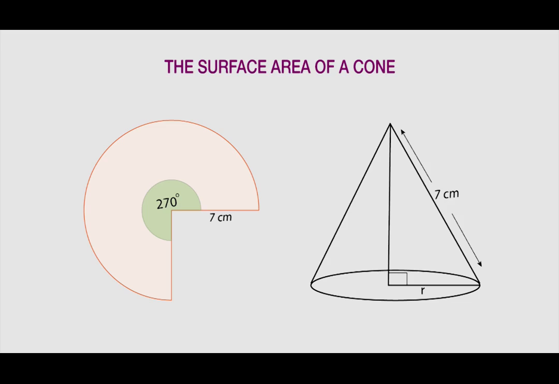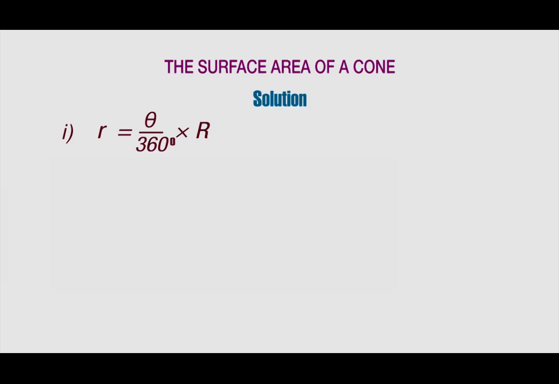As usual, we illustrate the sector and the cone in a diagram. So we have our sector and our cone. We already know the relation between the base radius small r and the radius of the sector big R, as small r equals theta divided by 360 times big R. But from the question, we have big R equals 7 centimeters and theta equals 270 degrees.